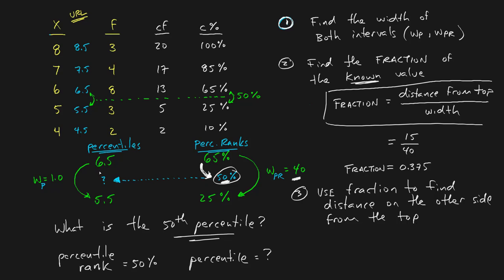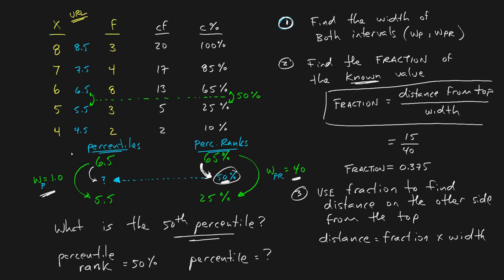So what I mean by that is I don't know what this value is over here. So I'm going to use this fraction, the 0.375, to find the distance from the top of that interval. So how far do I have to travel down from 6.5? And it works like this. The distance is equal to the fraction times the width. But it has to be the width on the unknown side.